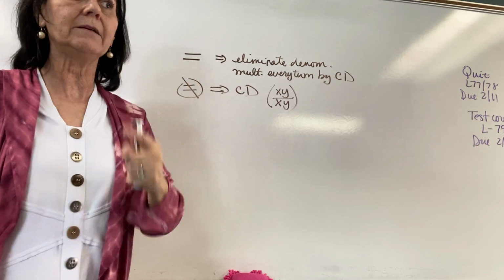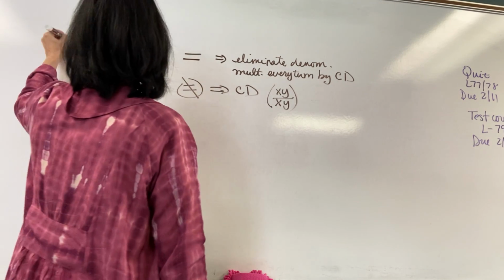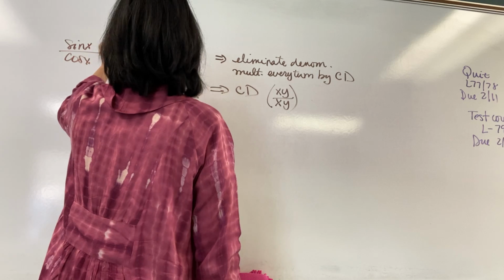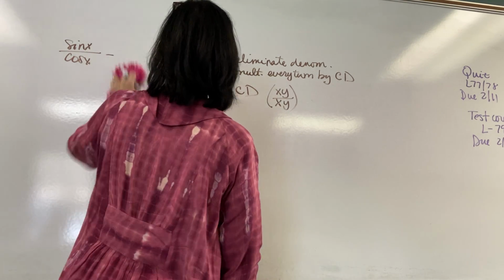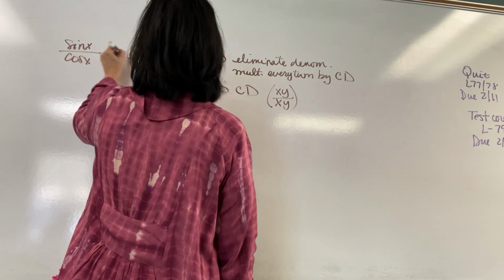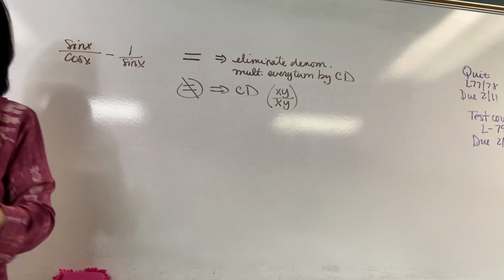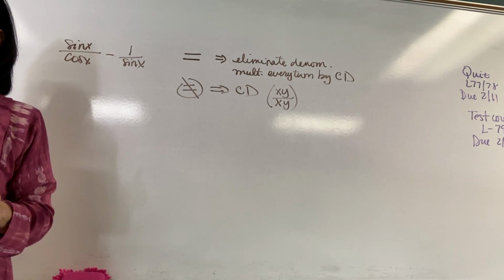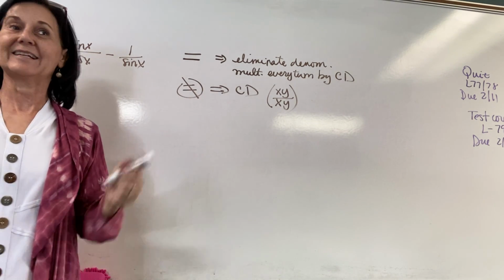Okay, so this is exactly what we did in pre-calculus today, except it was an expression. I said, okay, what's the rule for expression? The rule for expression is a common denominator, because we have no equal sign.